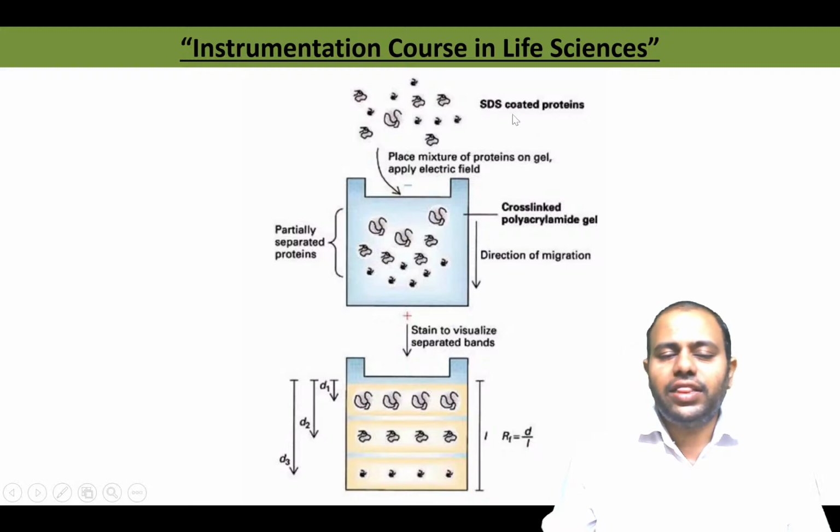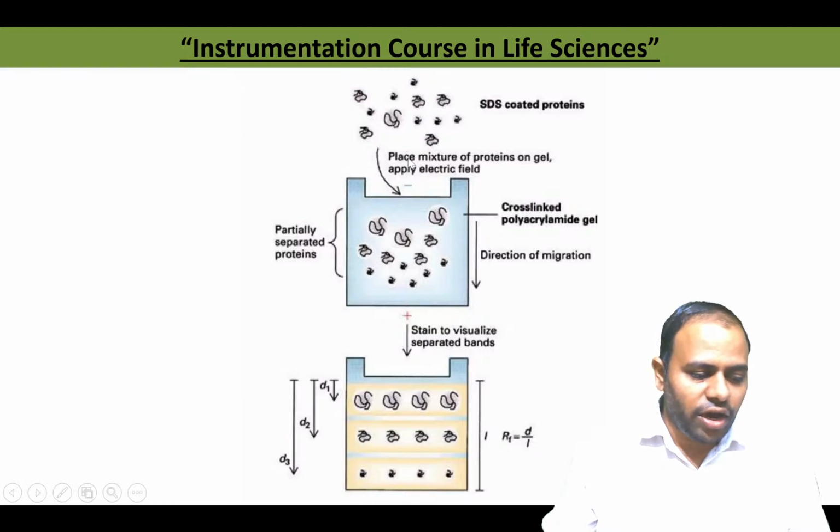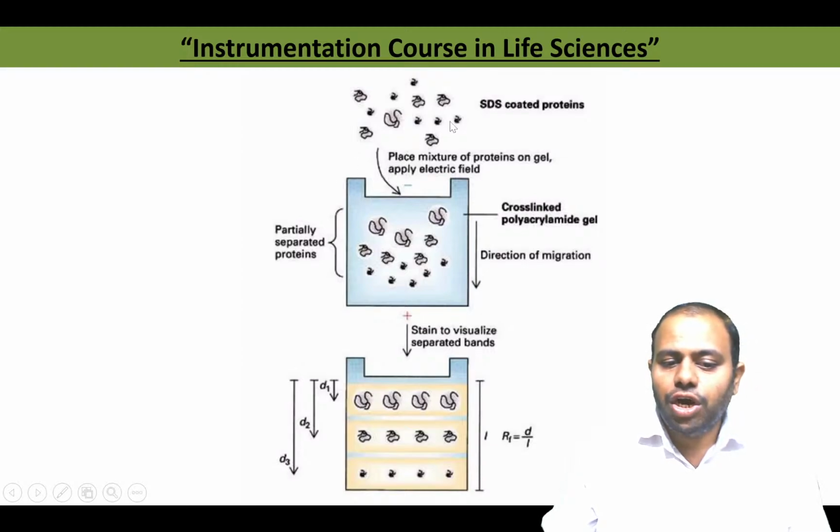Therefore, in PAGE, that is the polyacrylamide gel electrophoresis system, we add sodium dodecyl sulfate, an anionic detergent, and it provides the negative charge to the protein molecule. After providing the negative charge, the protein is ready to move toward the positive side.